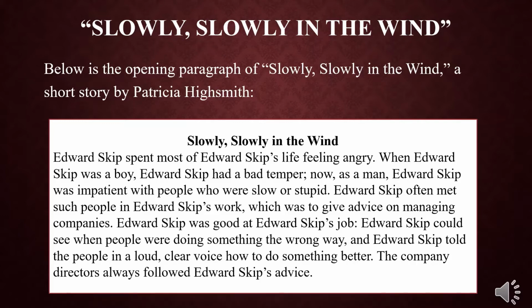Edward Skip was good at Edward Skip's job. Edward Skip could see when people were doing something the wrong way. And Edward Skip told the people in a loud, clear voice how to do something better. The company directors always followed Edward Skip's advice.